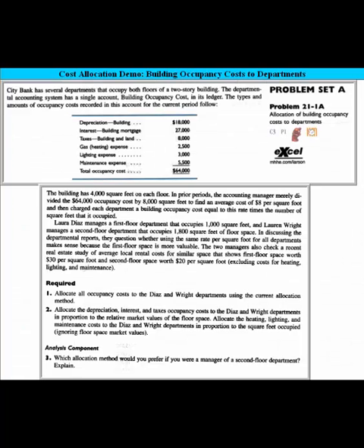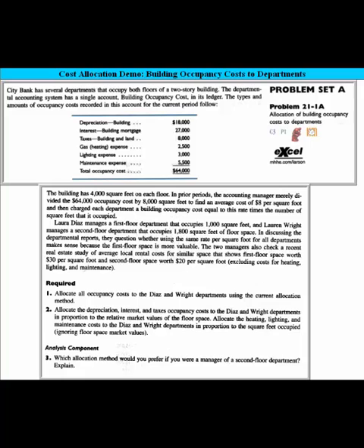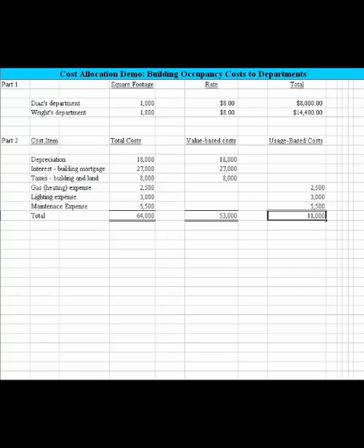Let's make sure we've accounted for all the dollars. Certainly there's $64,000, so we've done it correctly. That takes care of determining a schedule of how much cost needs to be allocated by which approach.